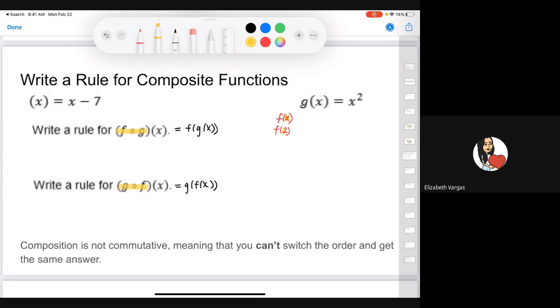Whenever we have F(2), say that we have x minus 7, like we do here. Well, if we have F(2), then that means we input 2 for x, and then our resulting value will be our answer. So now we'll take 2 minus 7, and that will give us -5, right?